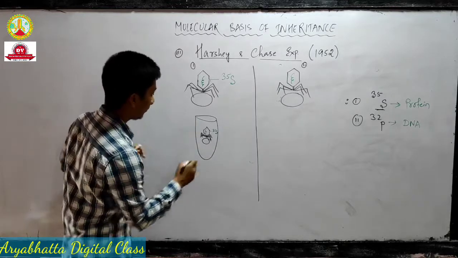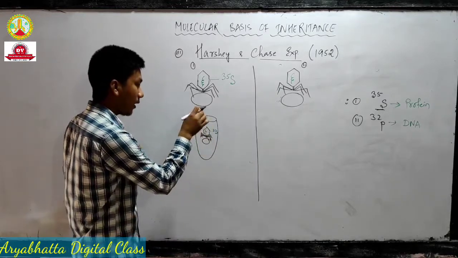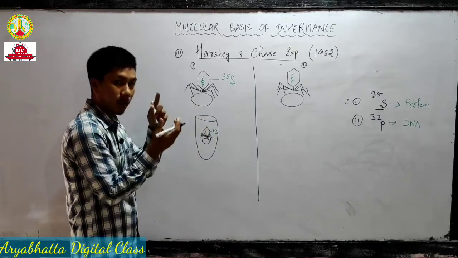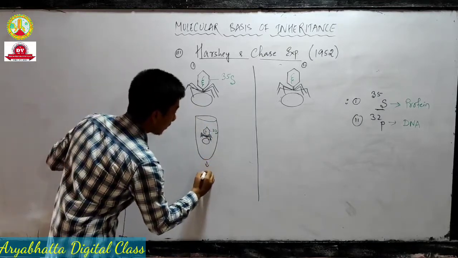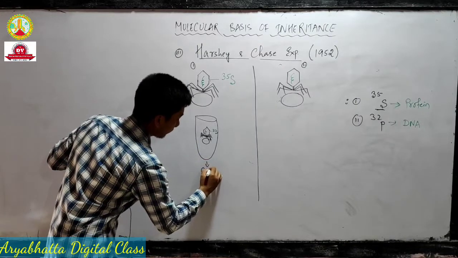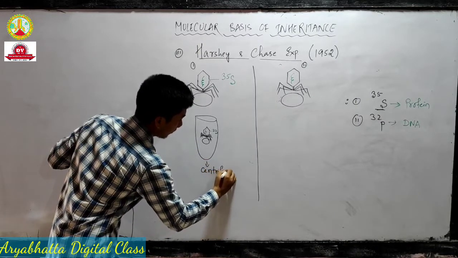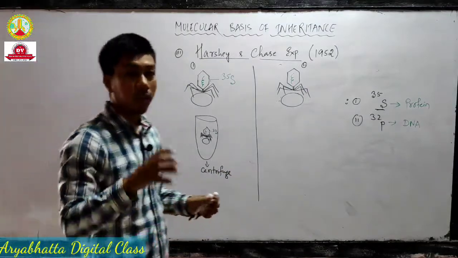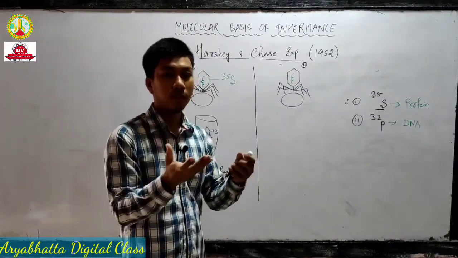So next what they did? They allowed the virus to infect E. coli inside the test tube, and then they centrifuged it. Centrifuge is a kind of instrument.